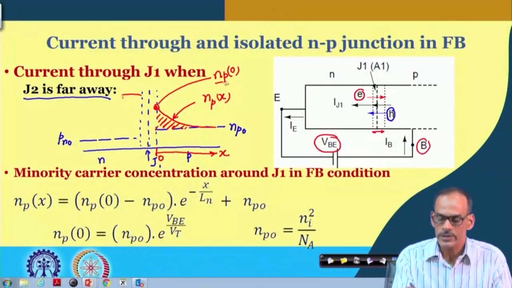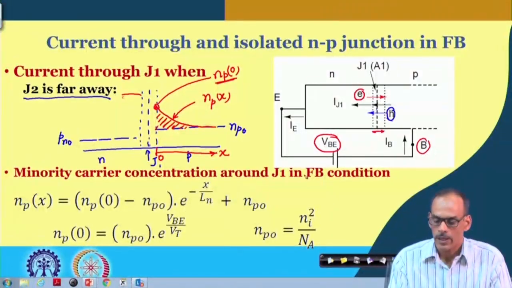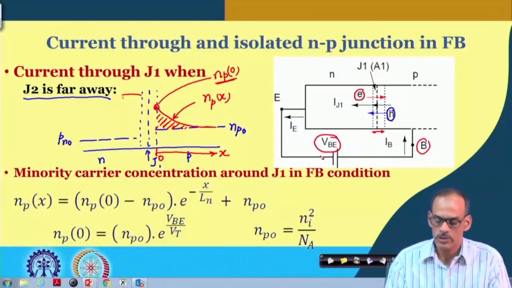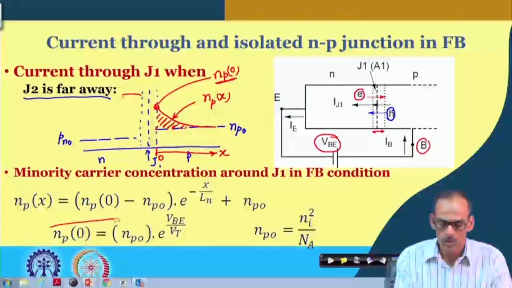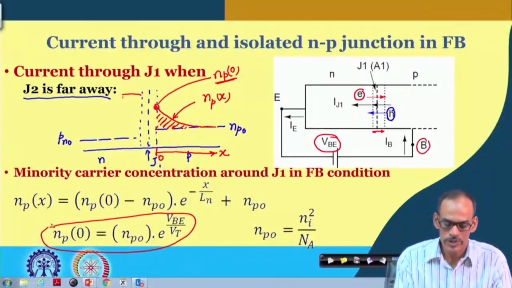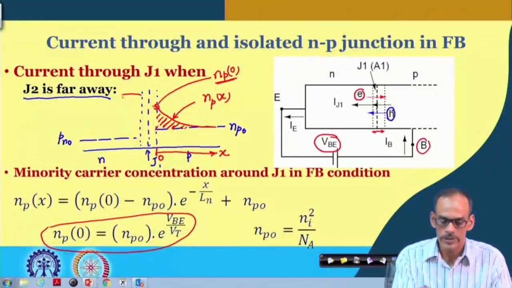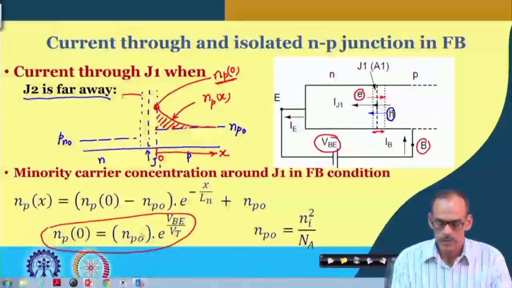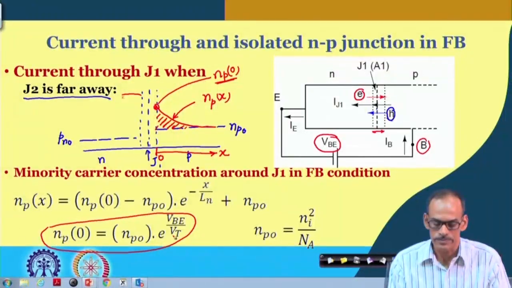Of course, this is a strong function of whatever forward bias we are applying here, and in fact, from Boltzmann's equation, you may say that n p 0 has an exponential dependency on this V b. So, n p at x equal to 0 is equal to n p naught, the neutral region concentration, multiplied by e power forward bias divided by thermal equivalent voltage.